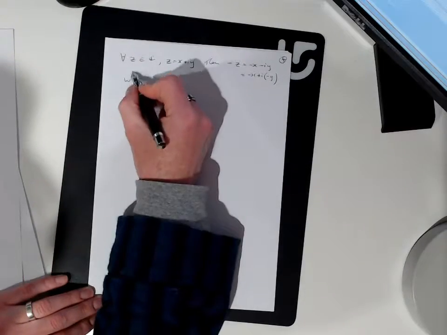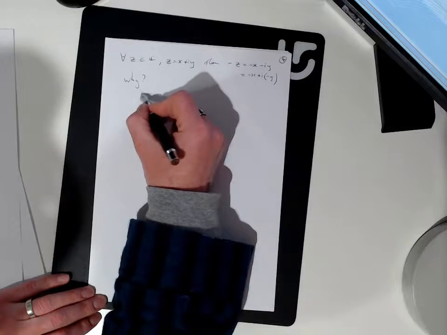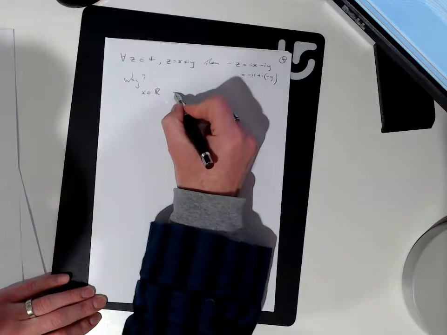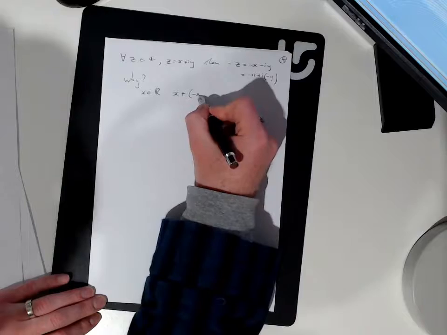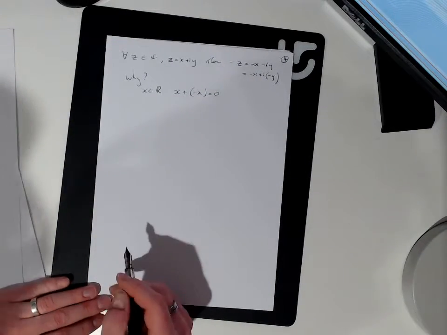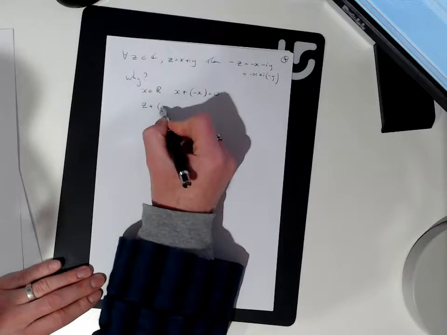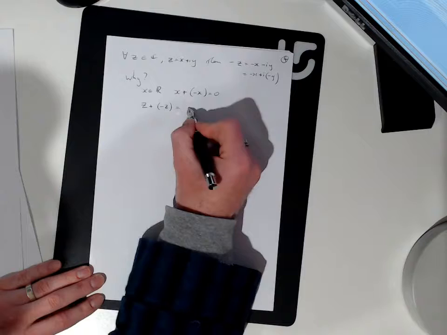Why? Well, if x is an element of the reals, we know that x plus minus x is equal to 0. And we want the same property for the complex numbers. So we want z plus minus z to be equal to 0.